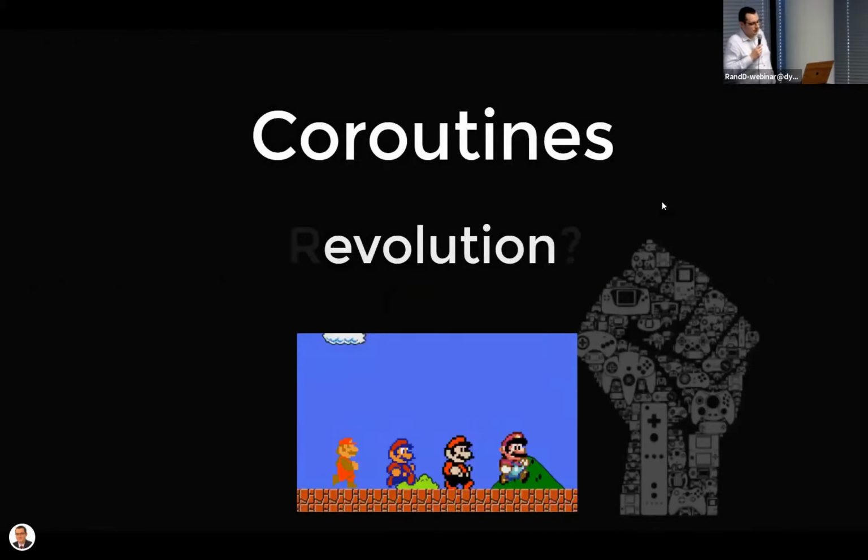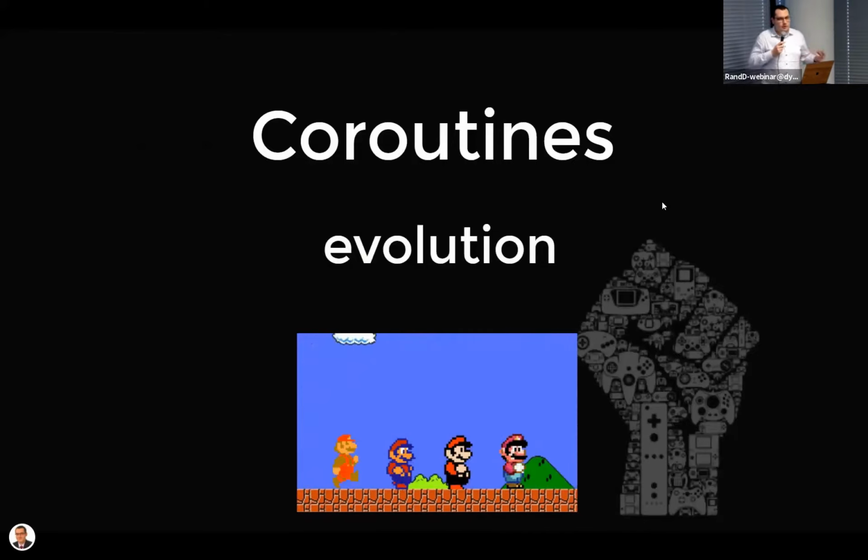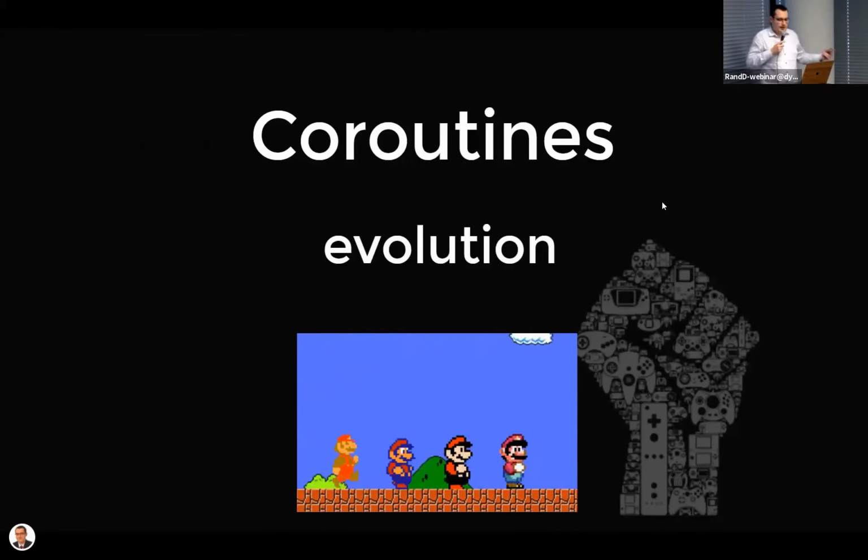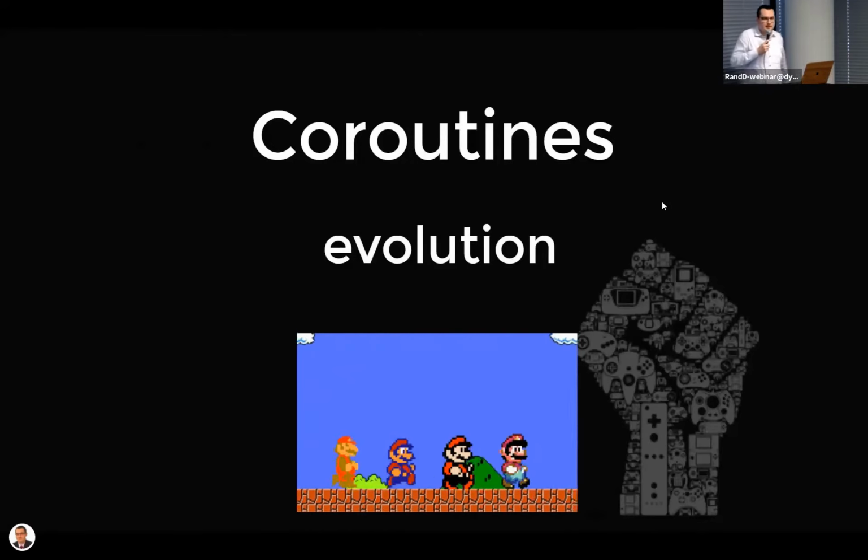And are coroutines a revolution? Not really. I would say that it's an evolution, because with coroutines we have a new, clearer and easier way to use concurrency in our apps. This is a part of syntactic evolution in programming languages, just like Java evolved from C and C++.